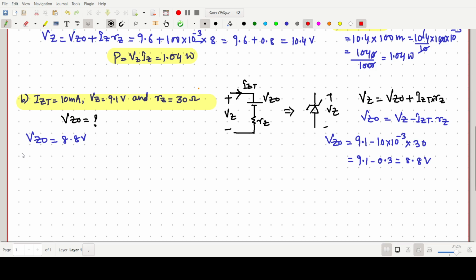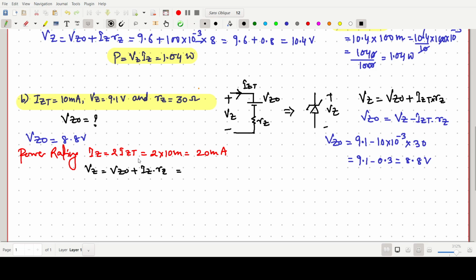Now we have to do the power rating. Again, the IZ value will be twice IZT, as given in the question. So 2 into 10 milli, means 20 milliampere. Now we have to find the corresponding VZ: VZ naught plus IZ into RZ.